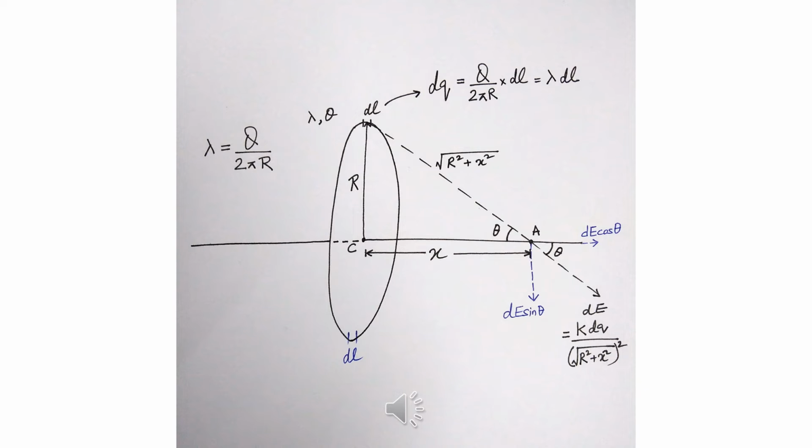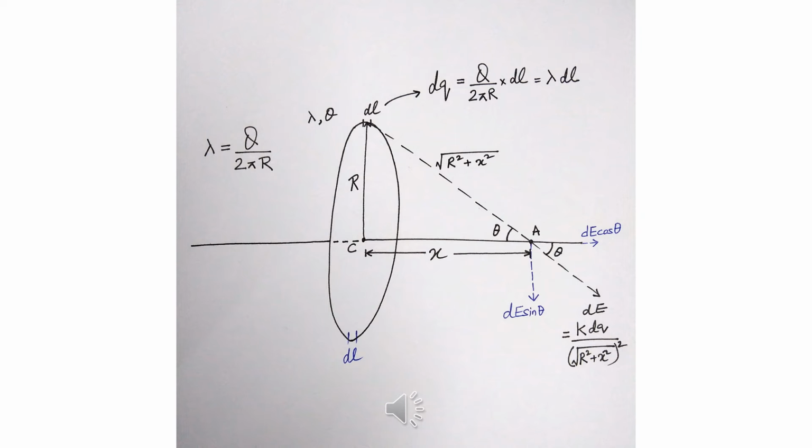Now if we consider all the elements of the ring and resolve all the elemental electric fields into their rectangular components, then we can see from the diagram that y components of all the elemental electric fields, that is dE sin theta, will cancel out each other, and x components of all the elemental electric fields, that is dE cos theta, will add up.